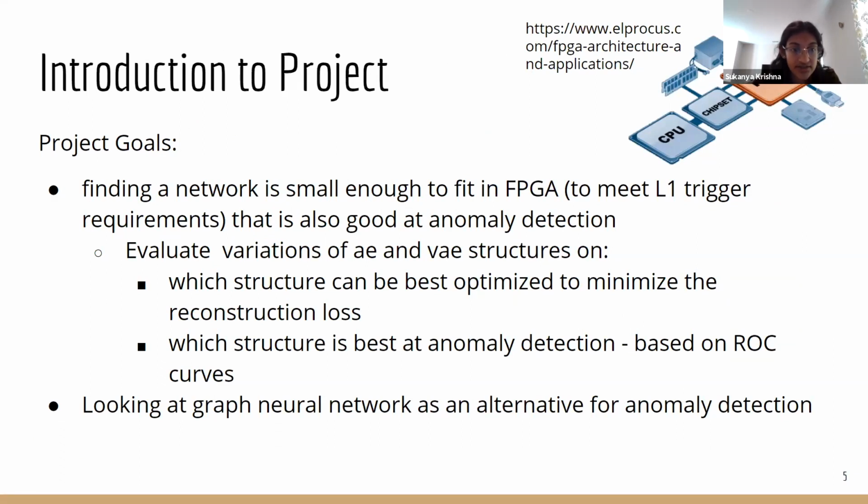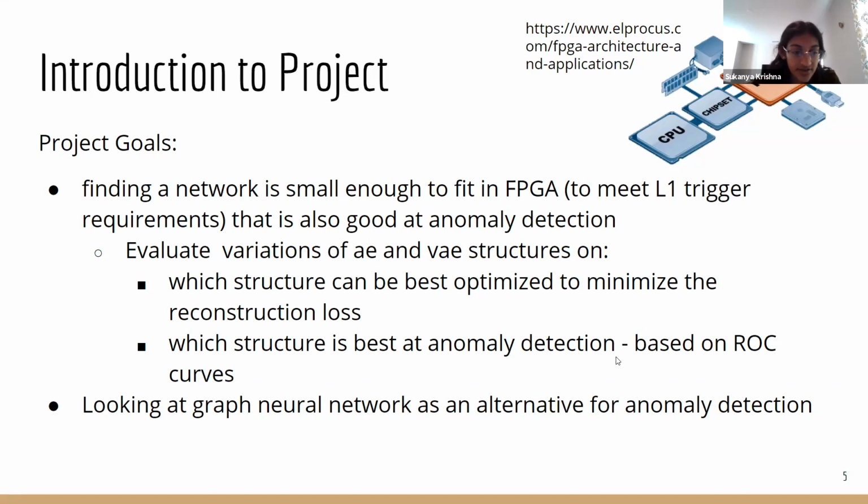So with this information in mind, my project objective is to investigate different types of autoencoders as well as variational autoencoders to determine which structures can be best optimized to fit in an FPGA to meet L1 trigger requirements that is also good at anomaly detection. To do so, we are evaluating variations of autoencoder and variational autoencoder structures on which structure can be best optimized to minimize the reconstruction loss, as well as which structure is best at anomaly detection based on the ROC curves.